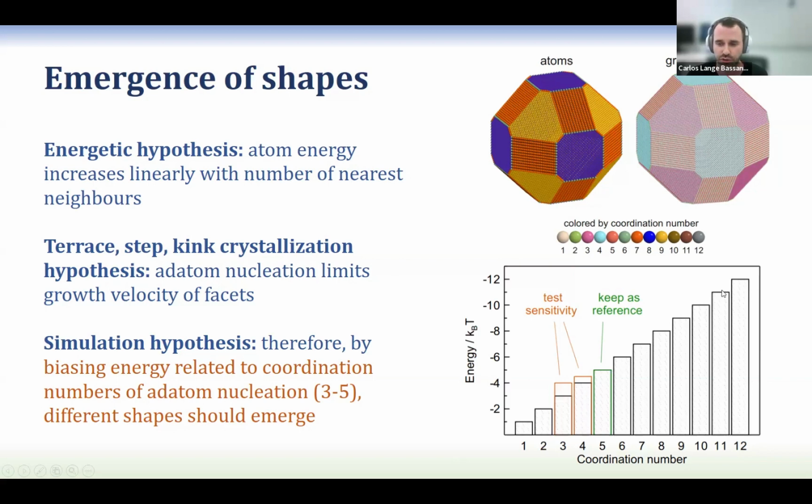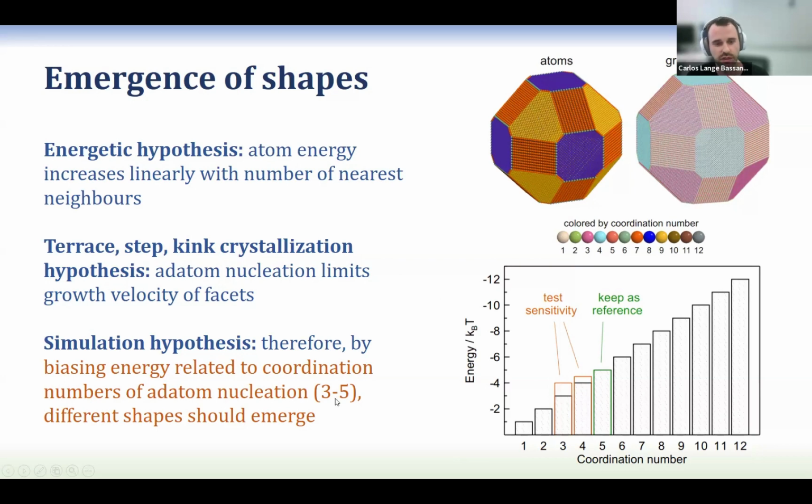This is similar to considering a Lennard-Jones potential energy model, truncated at the first neighbors, right? And then the second hypothesis is that we are using Terrace-Step-Kink crystallization, which says that the first atom that is going to nucleate over this perfect surface is going to have the lowest coordination number, lowest energy. And this is also what limits the growth.